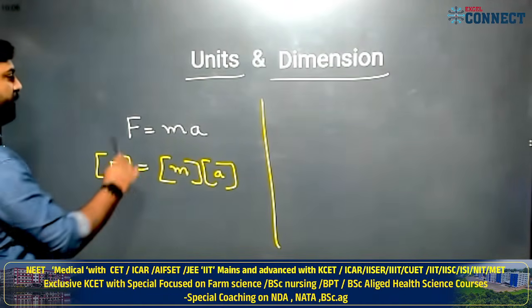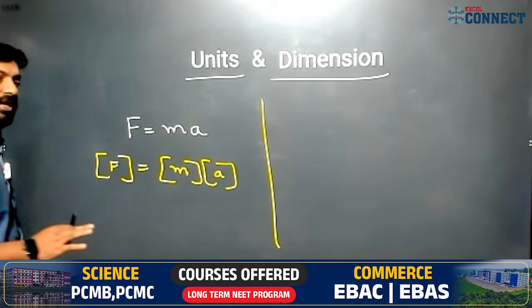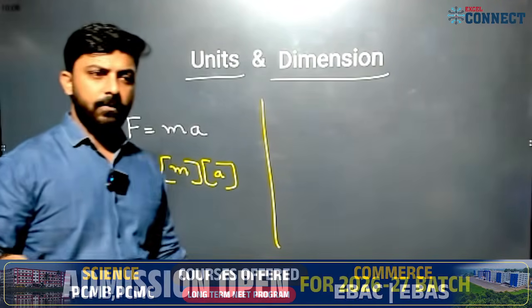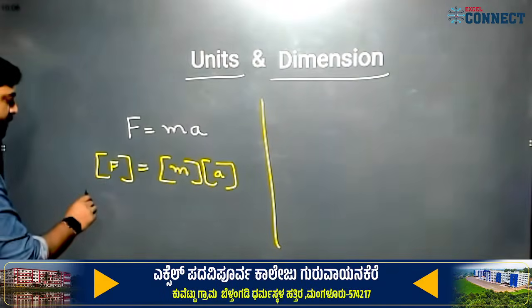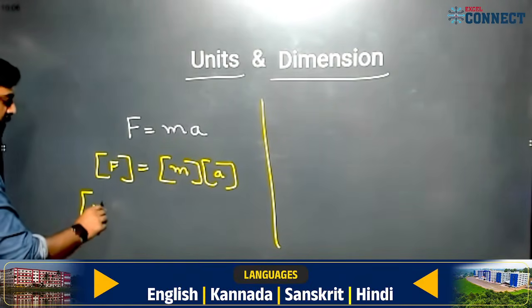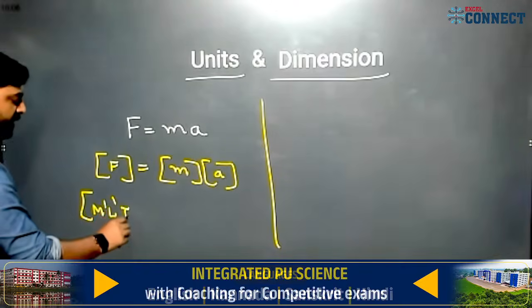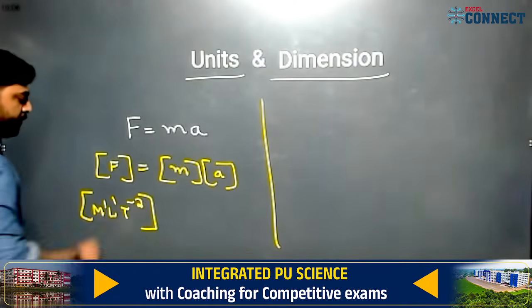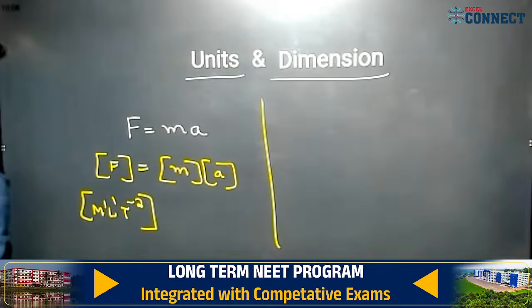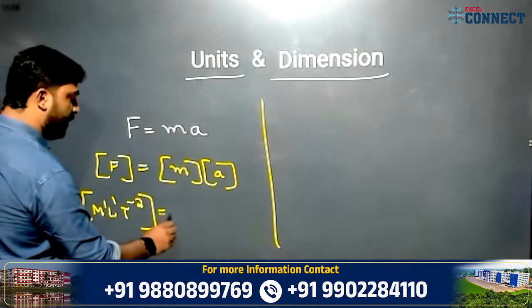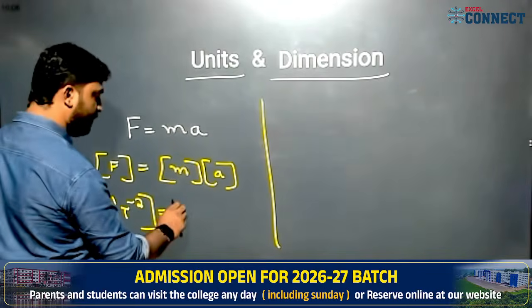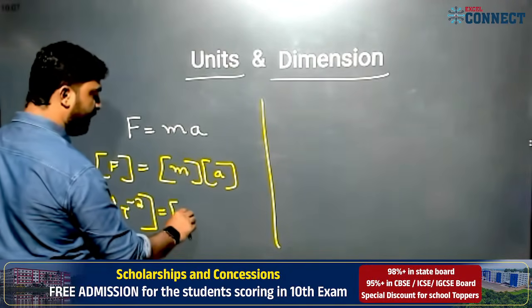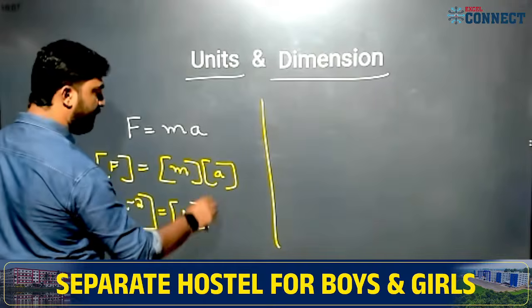Now, we have to check whether the equation is dimensionally correct. First, write the dimensional formula. We know the dimension of force is M1 L1 T minus 2. In the same way, write the dimensions of the physical quantities on the right side. What is the dimension of mass? It is M. What is the dimension of acceleration?